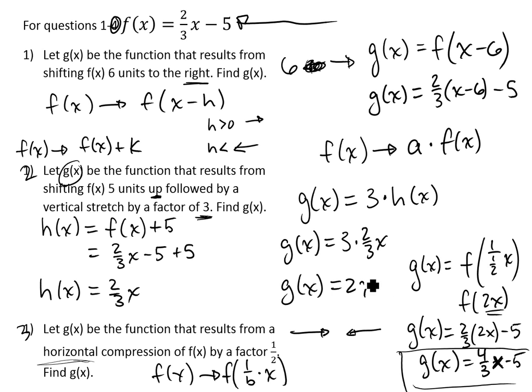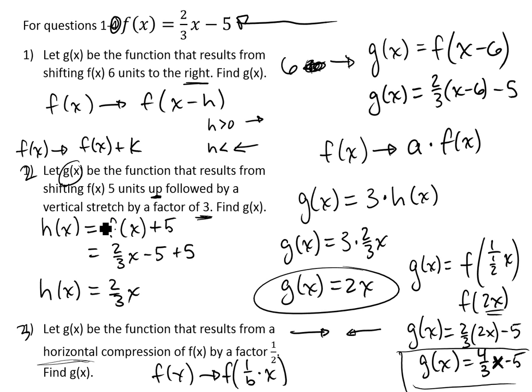And again, I encourage you to graph those. This is the answer. And you would see if you graph this that first of all, the original function f of x is going to be slid up 5 units. And then the next thing that you'll see happen when I do a vertical stretch is away from the x-axis.